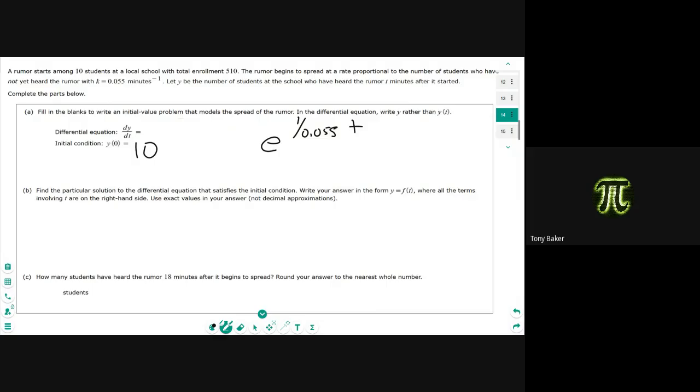How many students have heard the rumor? If that's my equation, right? If we just did it the way we were doing the other ones, 10 times that, right? How many students have now heard the rumor? After 1 minute. Okay, so what is it? Give me a value, plug it in a calculator.